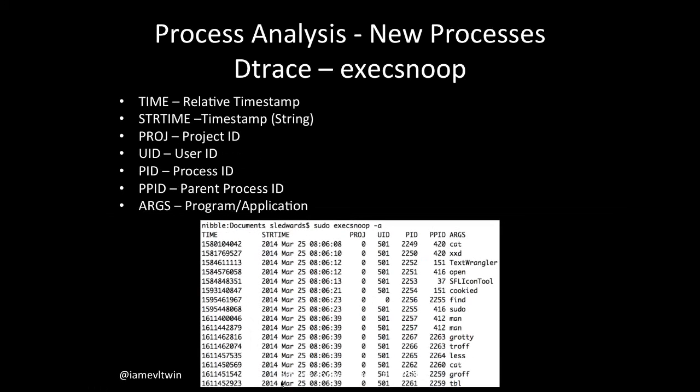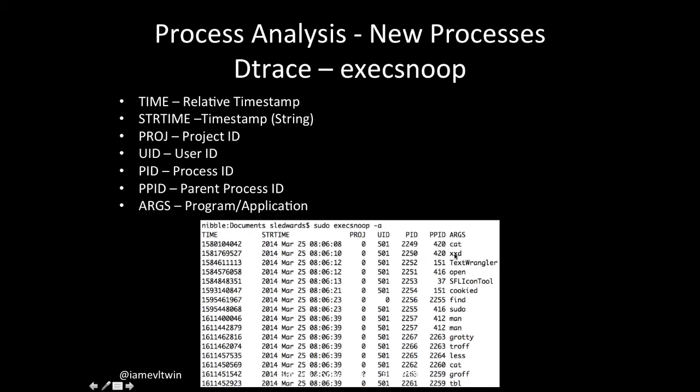So for new processes, we can use exec-snoop. I find this to be one of the most useful ones, and it's not too verbose. It gives you some timestamps, some user ID information. This is probably one of my favorites right off the bat. It just basically gives you what are the new processes, what are the spawned processes right off the bat. Very simple, easy to look at.